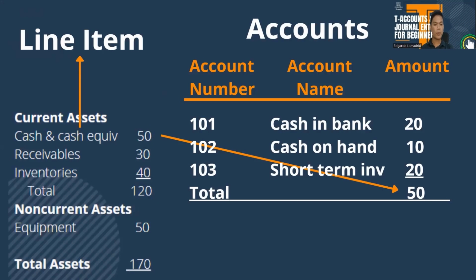So for this example, the cash in bank amounts to 20 currency units, the cash on hand amounts to 10 currency units, and the short-term investments amount to 20 currency units, which totals to 50 currency units. So the total equates to the total cash and cash equivalents, which is a line item in the statement of financial position.